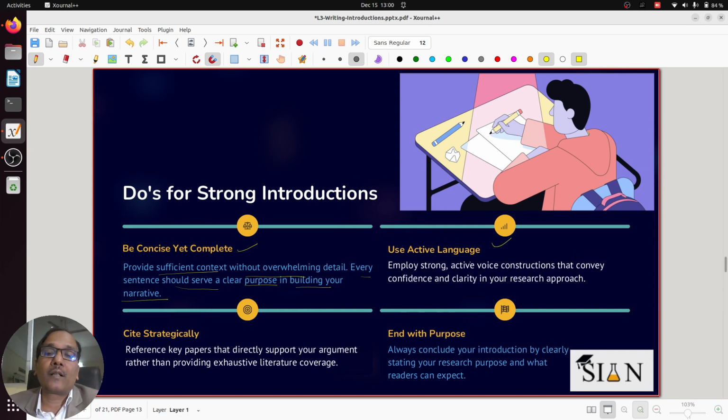As far as language or grammar is concerned, employ strong active voice constructions that convey confidence and clarity in your research approach. Cite strategically: reference key papers that directly support your argument rather than providing exhaustive literature coverage. And end with purpose. Always conclude your introduction by clearly stating your research purpose and what readers can expect.